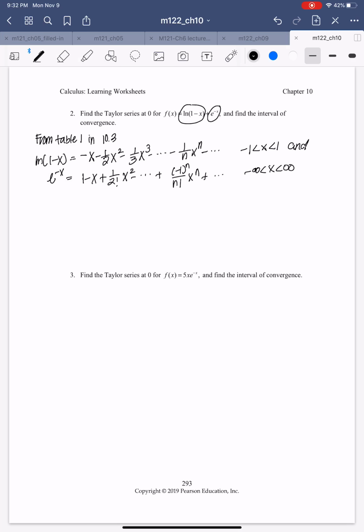I don't have any constant term on the ln function, so my constant term is just 1. So my function f of x, which is ln(1 − x) + e to the negative x, will be 1, and then for the x term, negative x plus negative x, I'm having negative 2x.